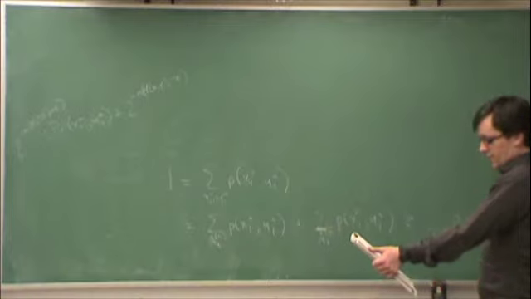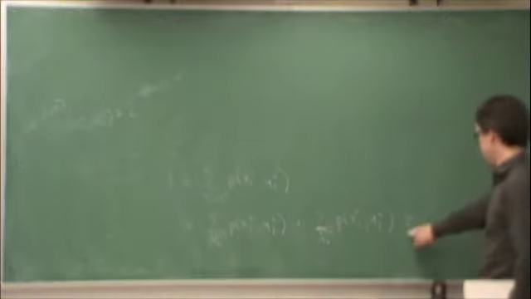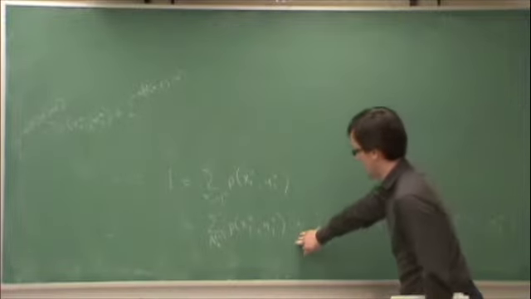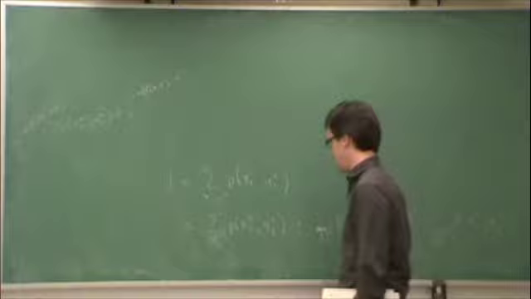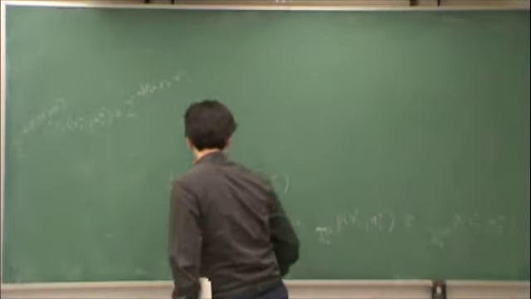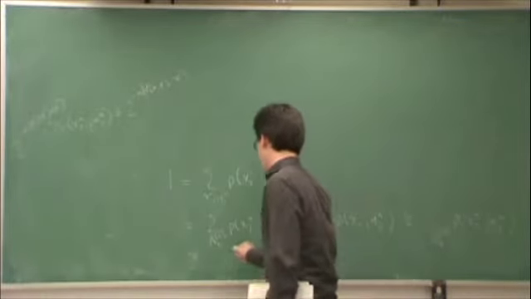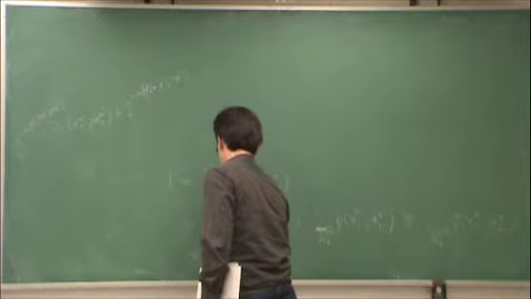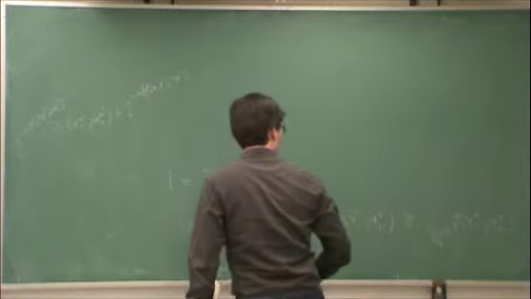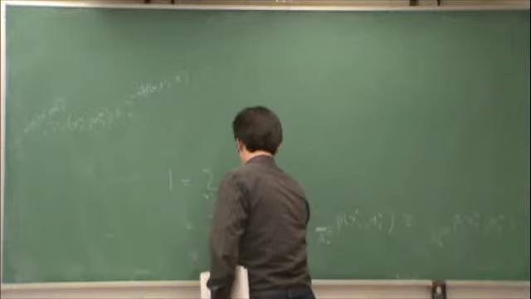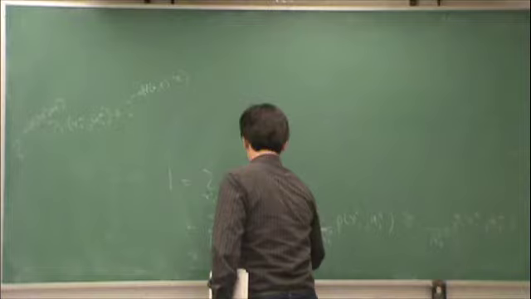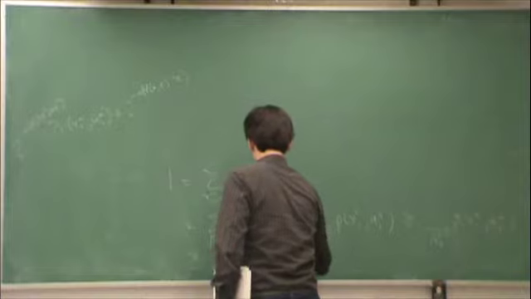So what I need from here, this is less than or equal to just considering the typical set. Continuing that chain, this is less than or equal to the sum of all the members of the typical set of the bound on probability, 2 to the minus n times (h of x and y plus epsilon).